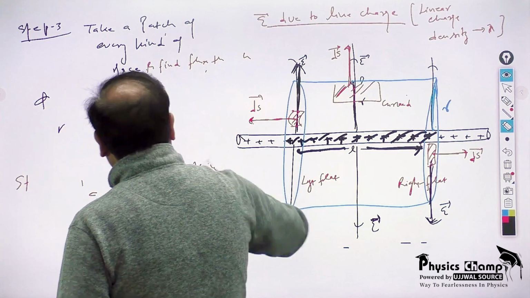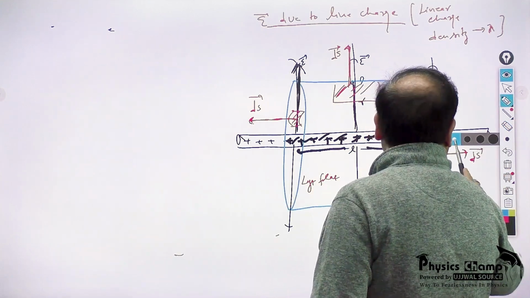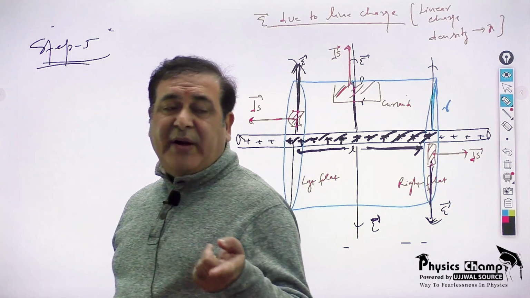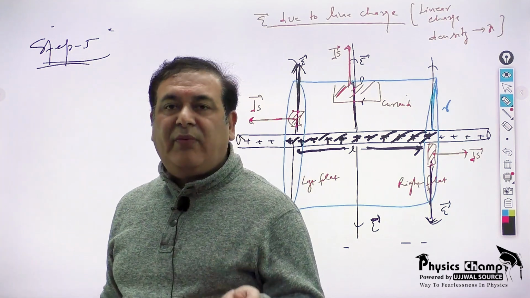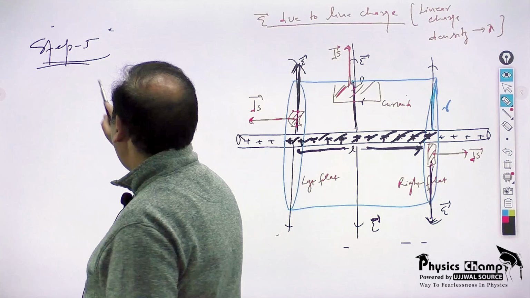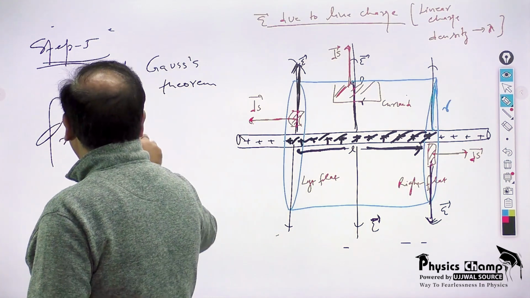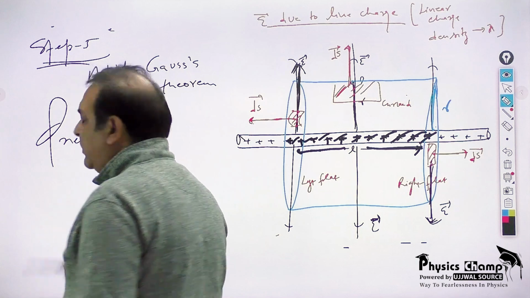So now we have the final step, step 5. You have already found the net flux and the charge inside. Apply Gauss theorem: net flux is equal to charge inside by epsilon naught.